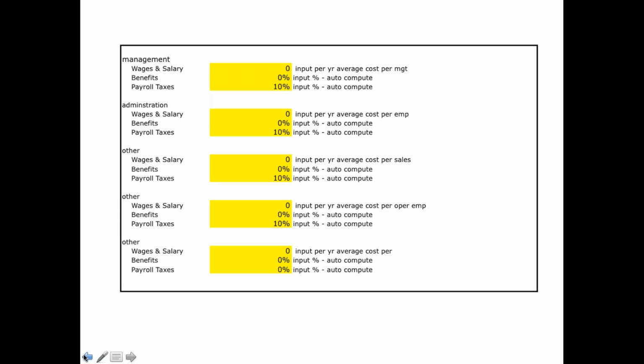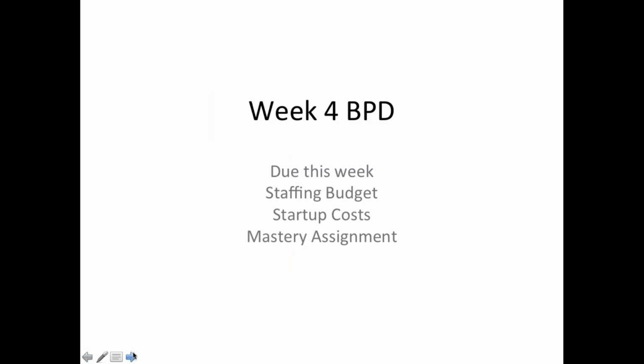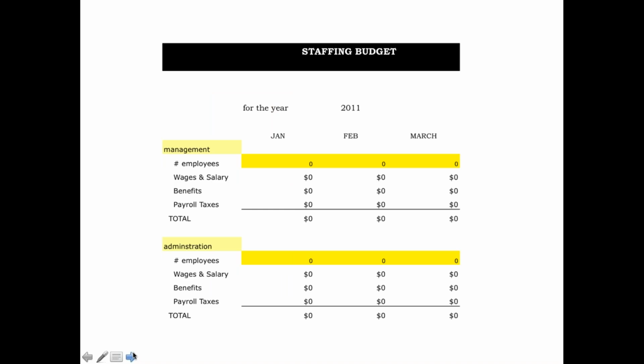So put those numbers in here, and that'll give you what you're paying them per year. And what we do in the spreadsheet is we take the number of employees that you say you have, and we multiply it by 1/12 of the wages and salary, because we're assuming you're paying them the same amount each month. And that's how the math works.